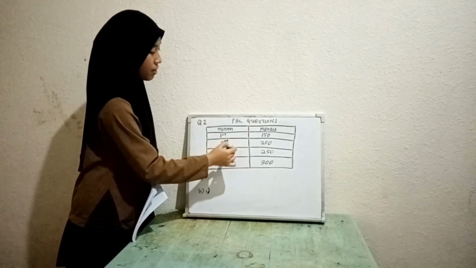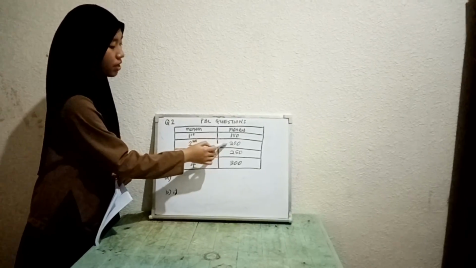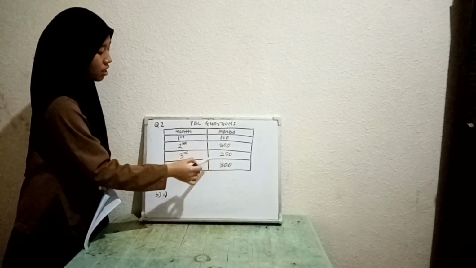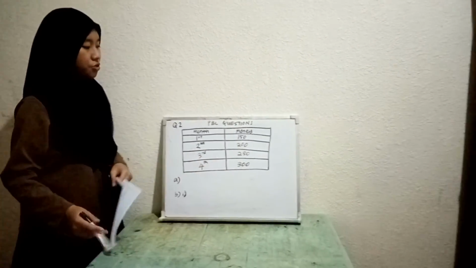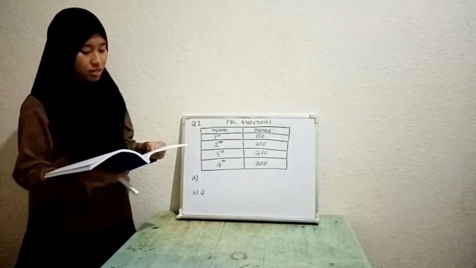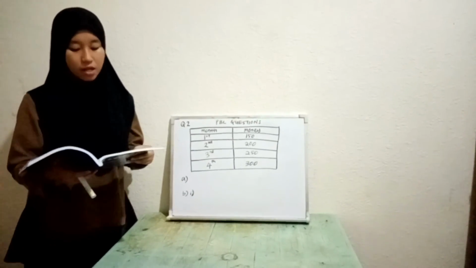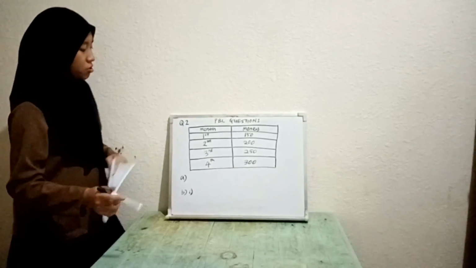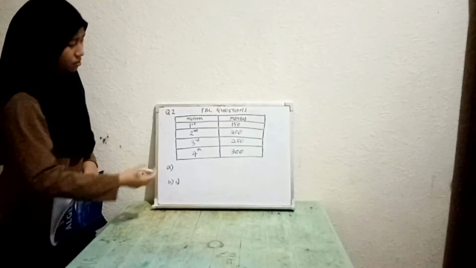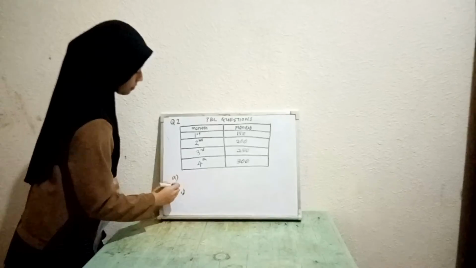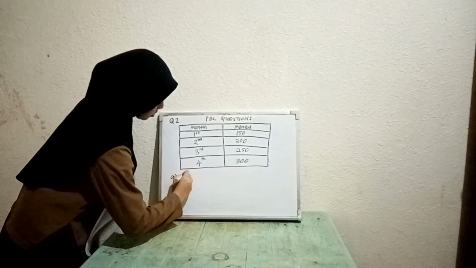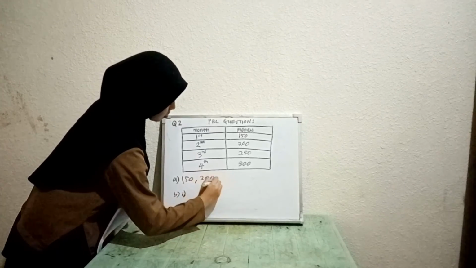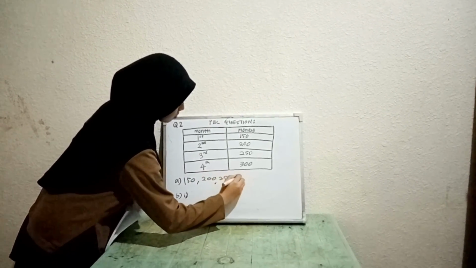For the second month, my brother has 200, for the third month 250, and for the fourth month 300. So for A, it asks us to list the total money you save for the first 4 months: 150, 200, 250, and 300.